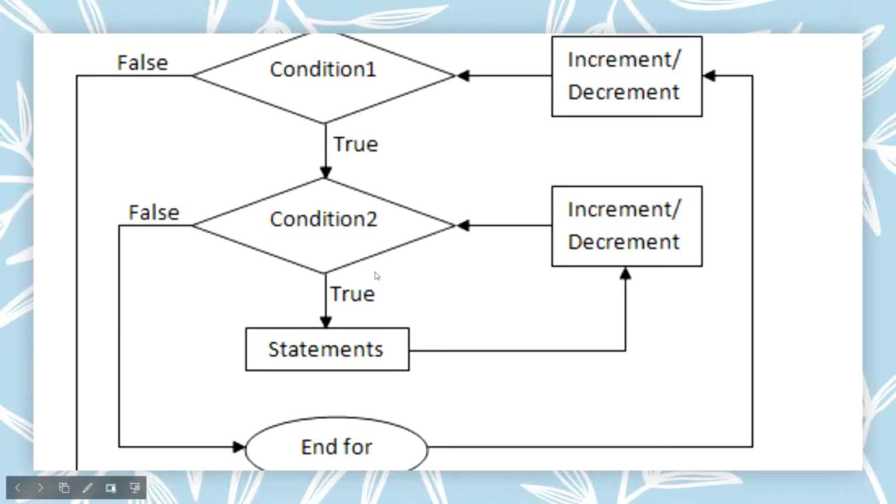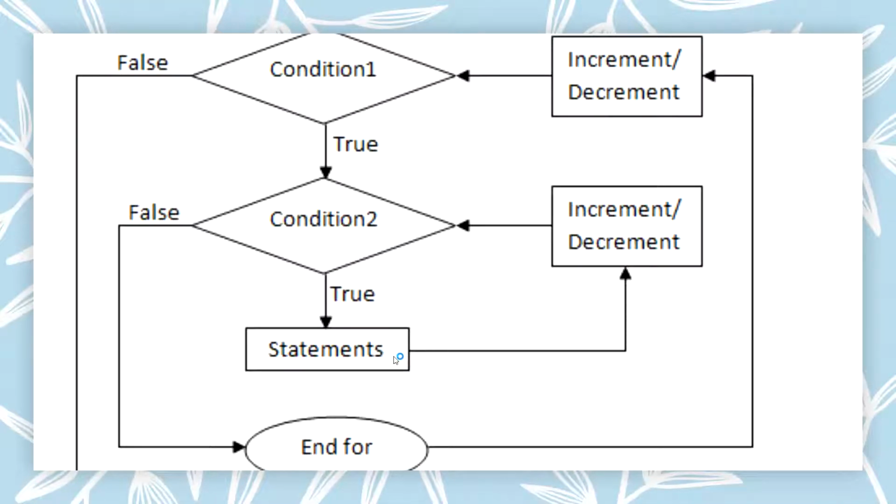The numbers 1 to 5 which are printed inside the inner loop, the outer loop will print them as many times as we want. For example, if we mention condition 1 as, for example, j less than or equal to 5, this is going to print the numbers 1 to 5, five times. So 1 2 3 4 5, in the next line 1 2 3 4 5, 1 2 3 4 5, like that it's going to print 5 times.